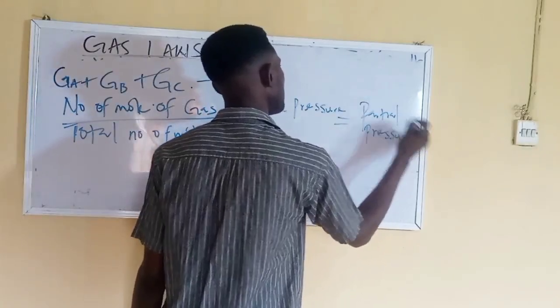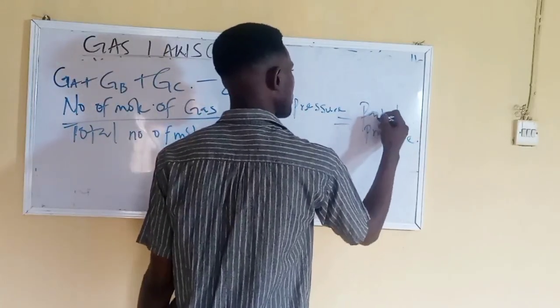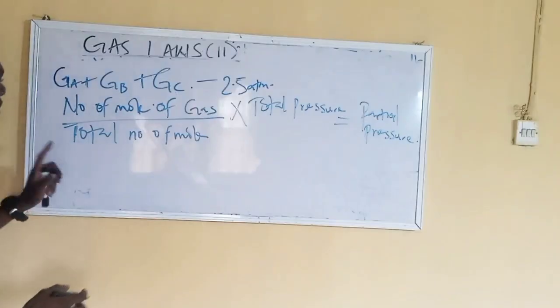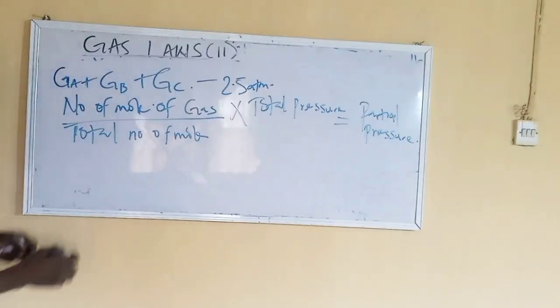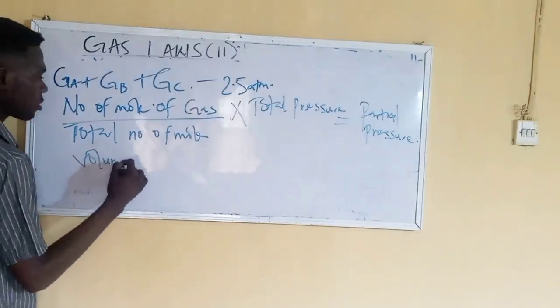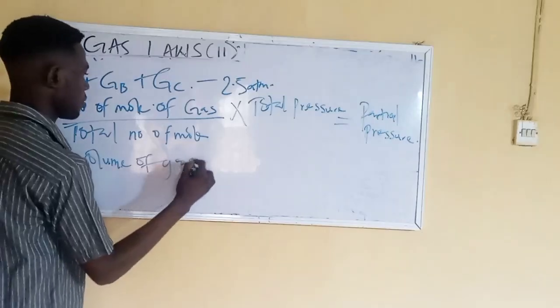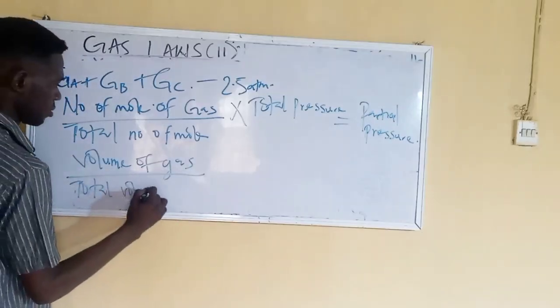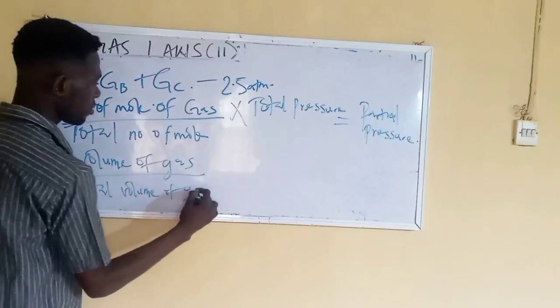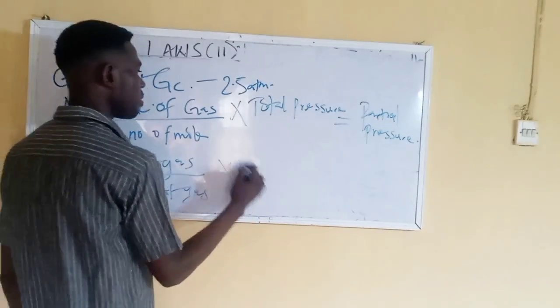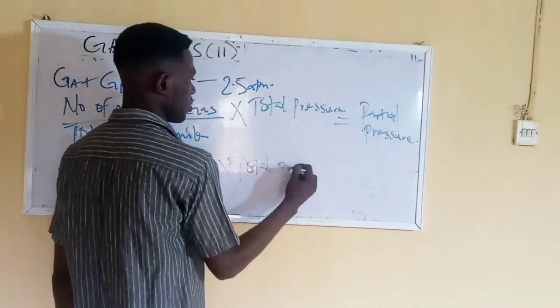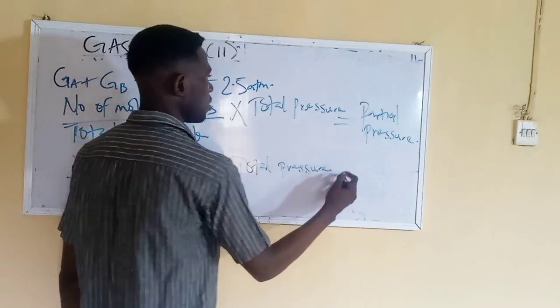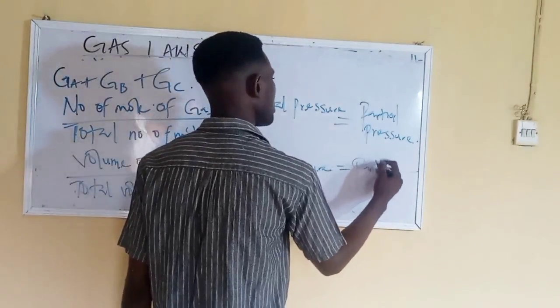This is how you calculate partial pressure. Another way you can calculate partial pressure is the volume of the gas over the total volume of gas, multiplied by the total pressure. That is still how you calculate partial pressure.